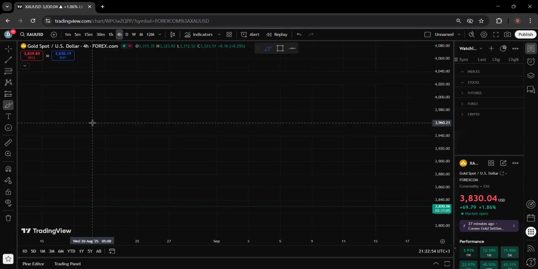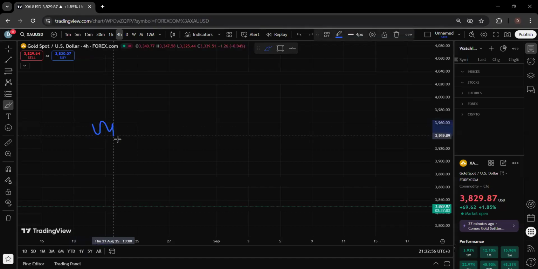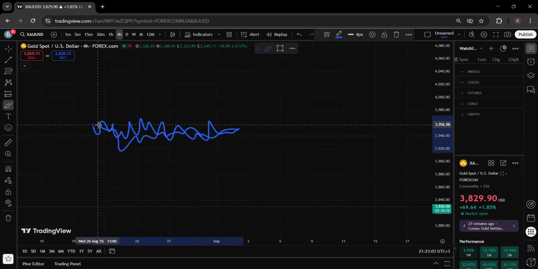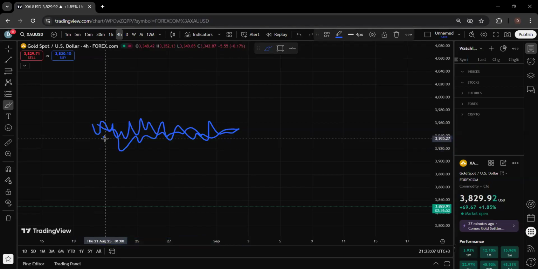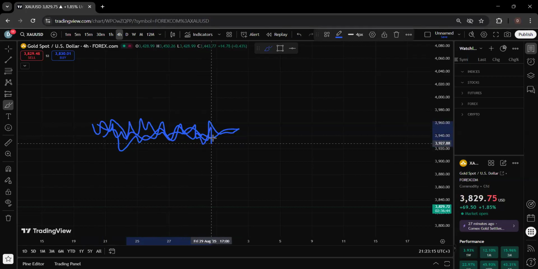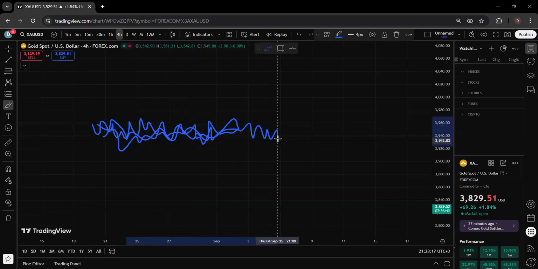Because I always tell my students, a consolidating market is a dangerous market, because you'll always expect a down trade. When you enter for a down trade, it goes for an up trade. When you enter for an up trade, it goes for a down trade. So you find the sellers and the buyers are always fighting each other.